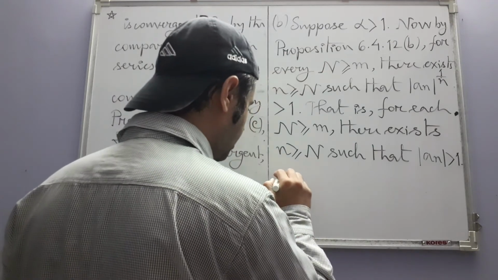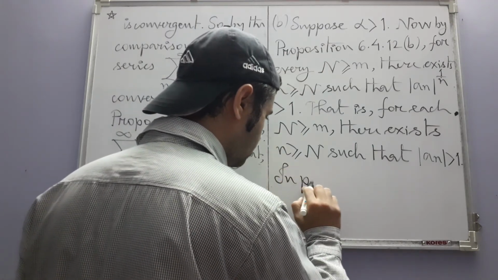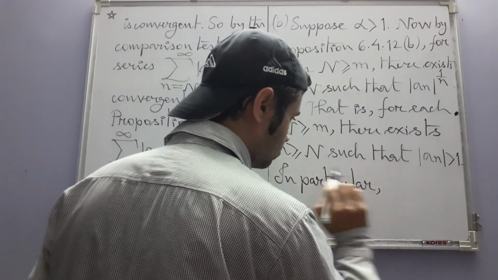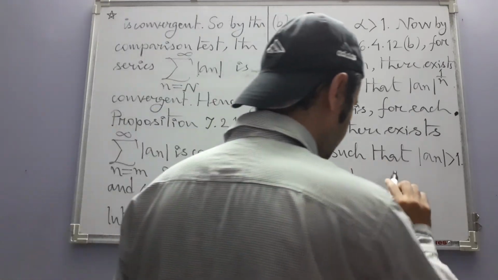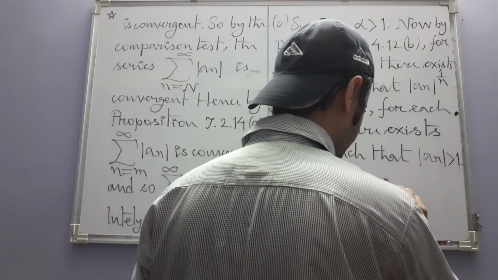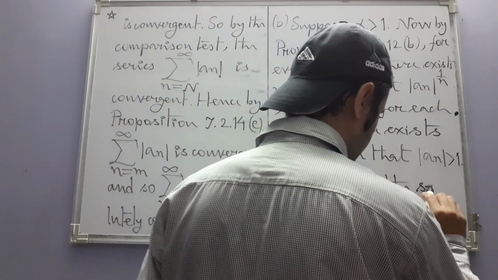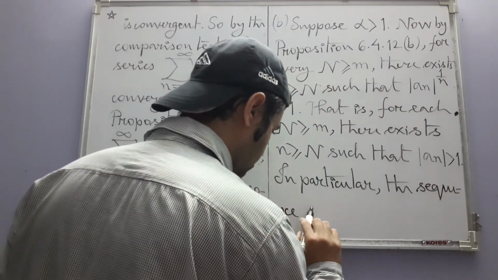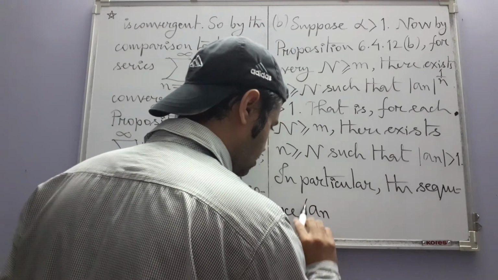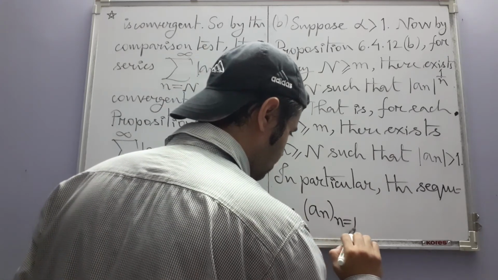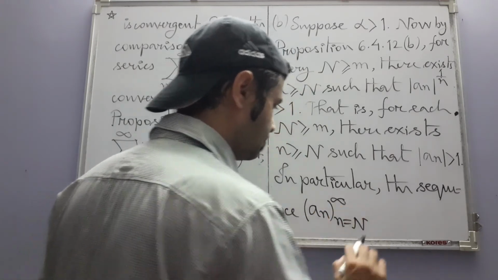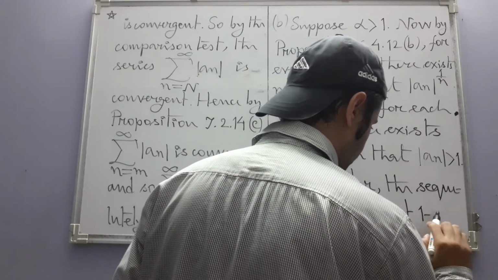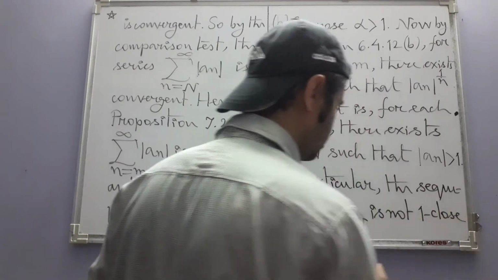So in particular, these inequalities mean that the sequence an, where n is varying from capital N, is not one close to 0.